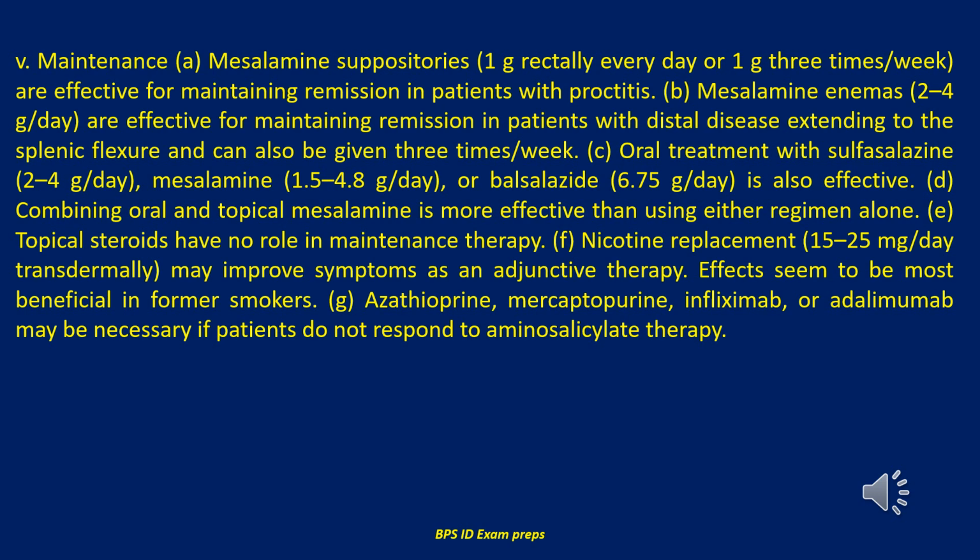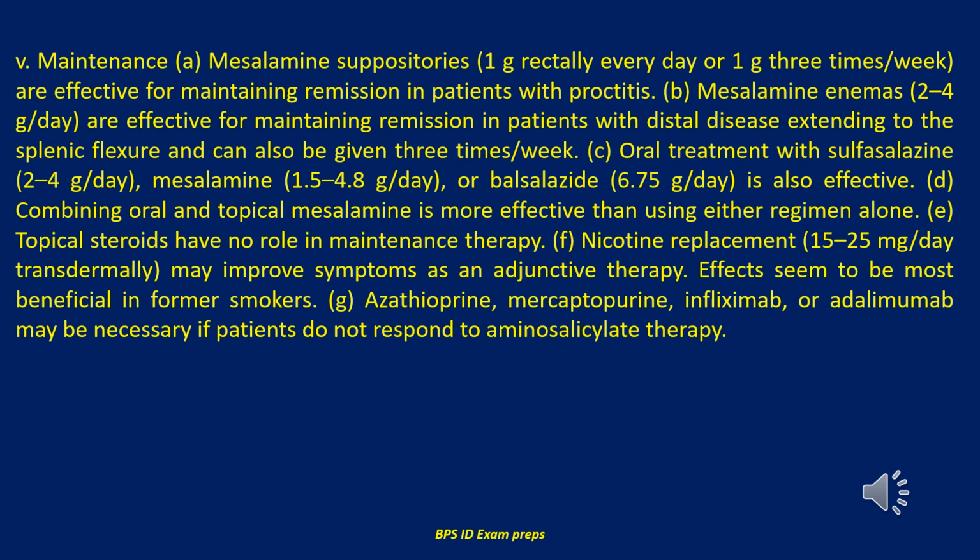C. Oral treatment with sulfasalazine, 2 to 4 grams per day, mesalamine 1.5 to 4.8 grams per day, or balsalazide 6.75 grams per day is also effective. D. Combining oral and topical mesalamine is more effective than using either regimen alone. E. Topical steroids have no role in maintenance therapy. F. Nicotine replacement 15 to 25 mg per day transdermally may improve symptoms as an adjunctive therapy. Effects seem to be most beneficial in former smokers.